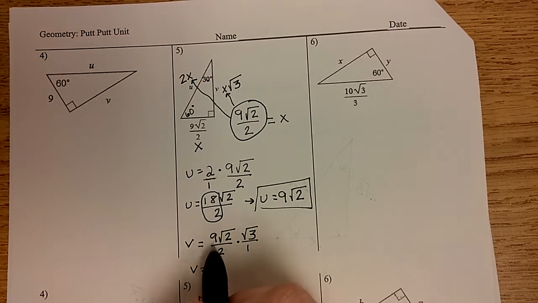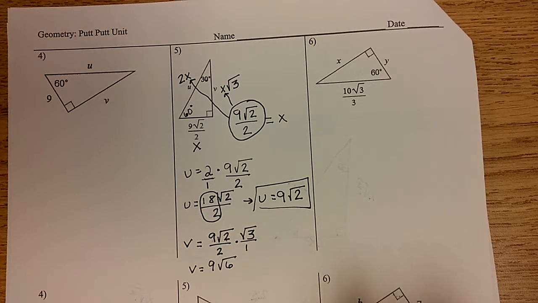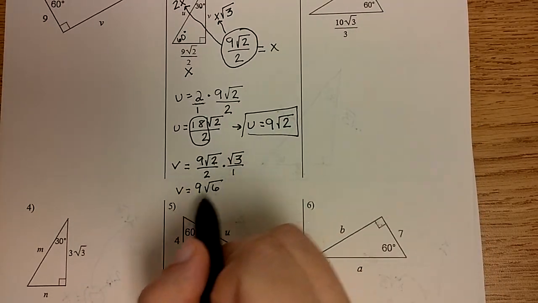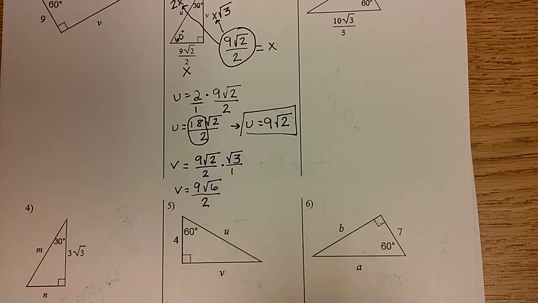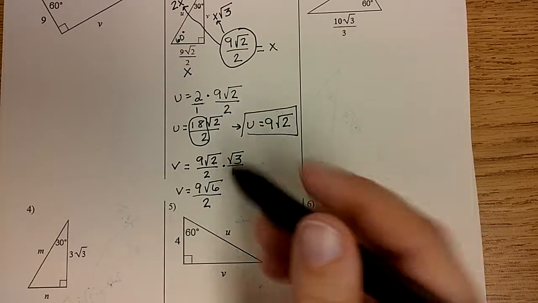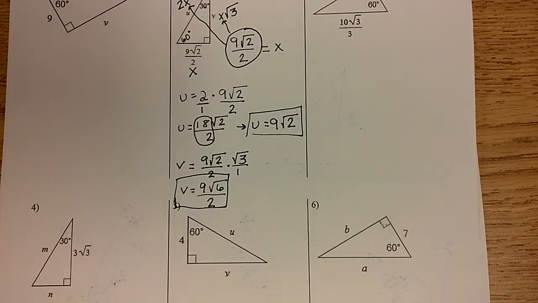So on the top, outside the radical is 9. Inside the radical, 2 times 3 is 6. So 9 root 6. And on the bottom, 2 times 1 is 2. So there are no perfect squares that go into 6. 9 divided by 2 is not a whole number. So that is my final simplified answer.